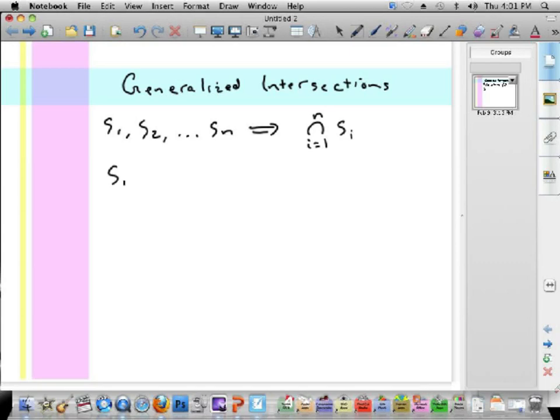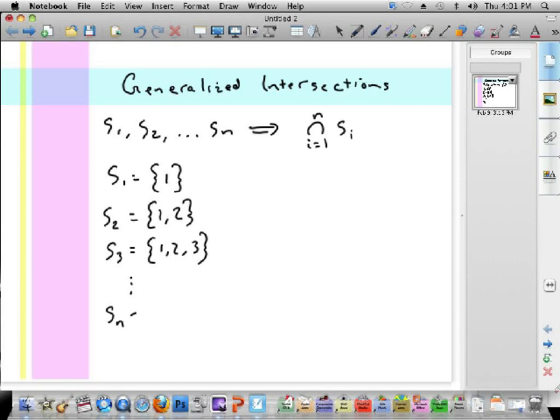So let's say set 1, as before, has the element 1. However, for set 2, this time we're going to change it. We're going to say set 2 has the elements 1 and 2. Set 3 has the elements 1, 2, and 3. This pattern continues until set n, which has the elements 1, 2, 3, all the way up to n, so it has n elements.